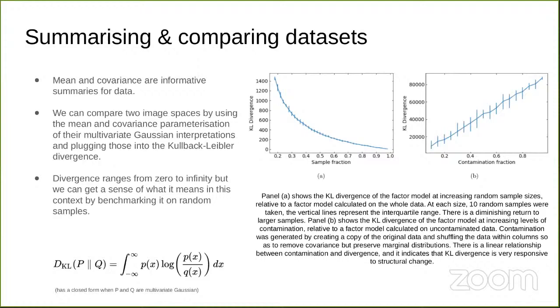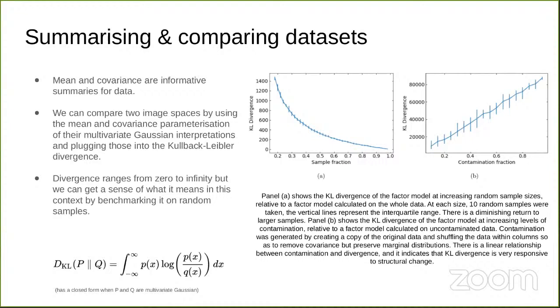So because we can think of PCA via factor models as a multivariate Gaussian, we can effectively summarize a data set using just the mean and covariance information that we calculate from the low rank approximation that I just talked about.